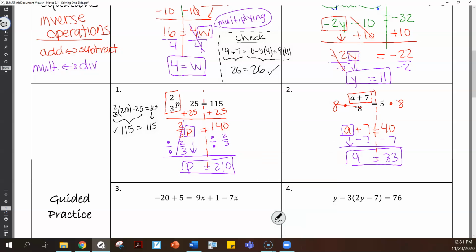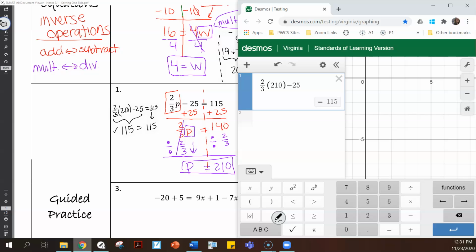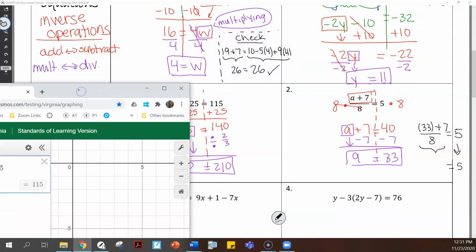And I can check by plugging this in again. So I've got 33 plus 7 over 8. I'm hoping that that's going to equal 5. And I can check that by simplifying this side. 33 plus 7 over 8.